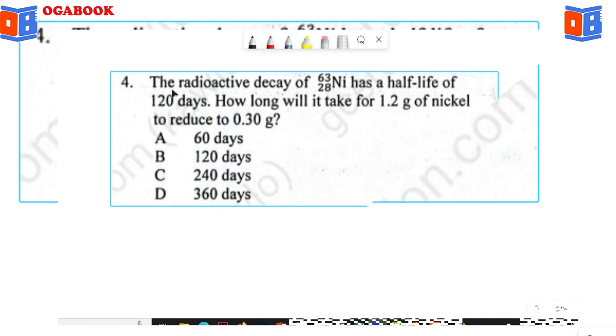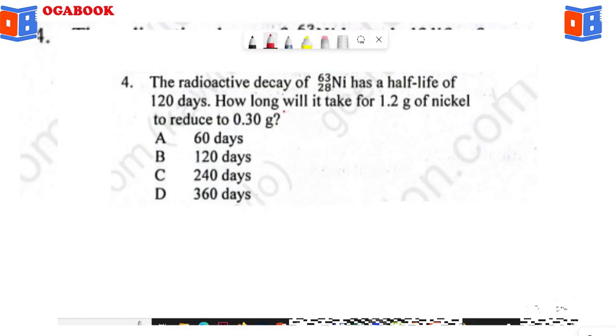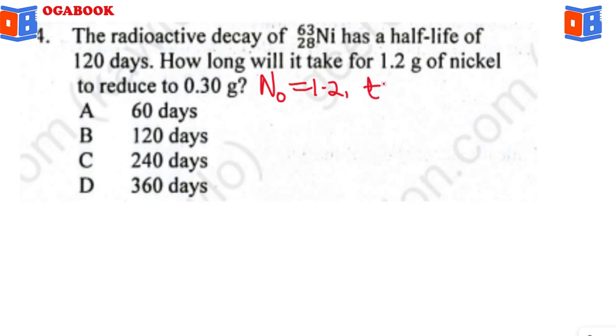Question number 4. The radioactive decay of nickel has a half-life of 120 days. How long will it take for 1.2 grams of nickel to reduce to 0.30 grams? So we have been given the initial amount, we'll call it N0, which is equal to 1.2. After a certain time T, which we do not know, we have a new amount N at that time T, which is 0.30 grams.